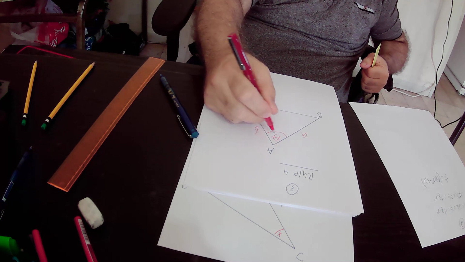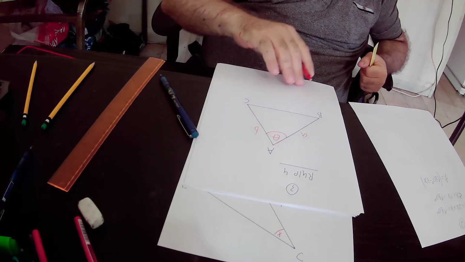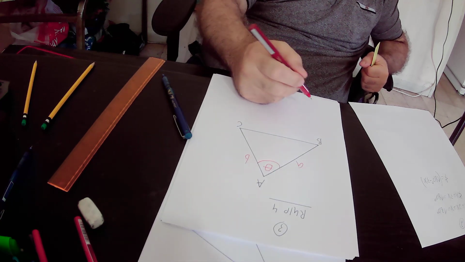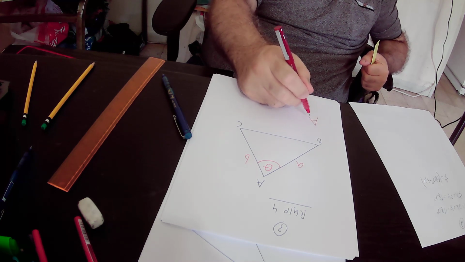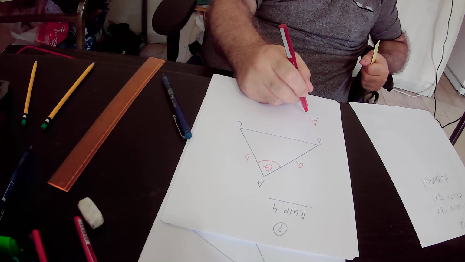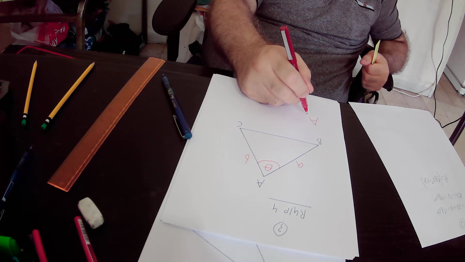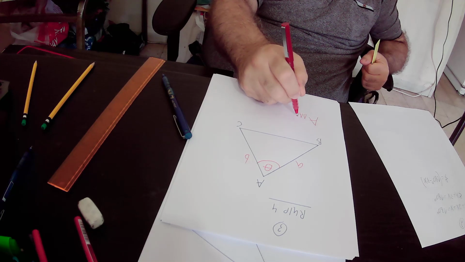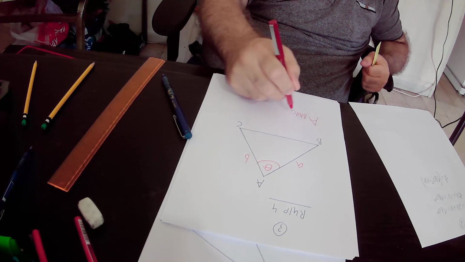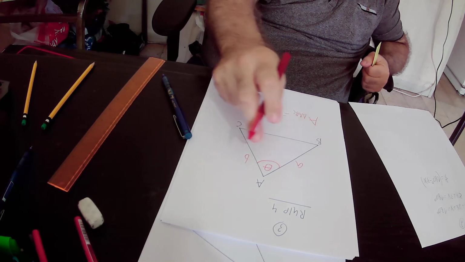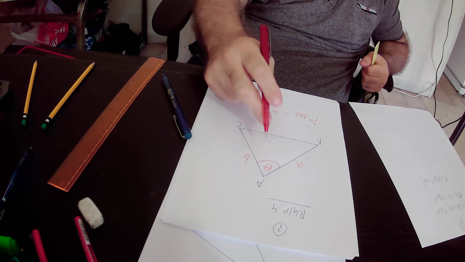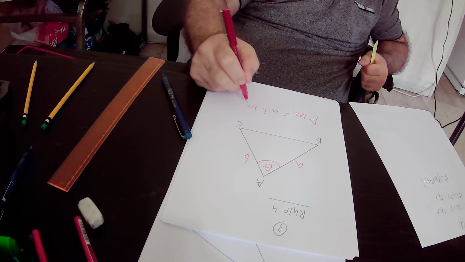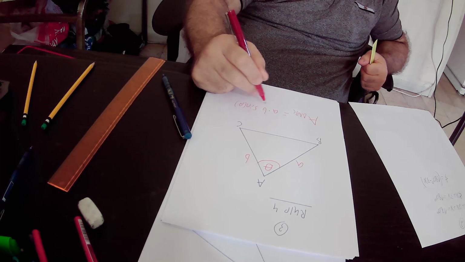Then, according to rule number 4, the area of triangle ABC, A is abbreviation for area, will be equal to A times B times sine theta over 2.